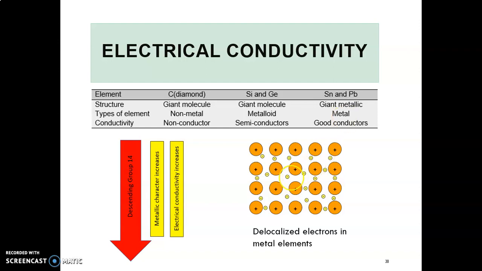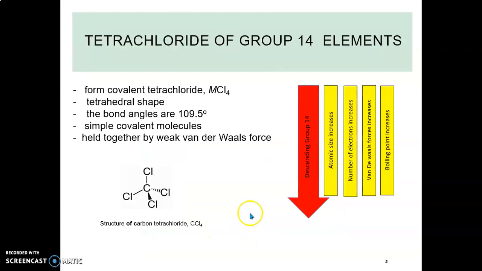In metal elements, there are delocalized electrons. Therefore, electrical conductivity increases when descending group 14, from non-metal elements to metal elements.